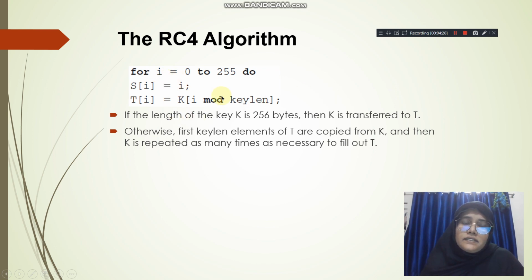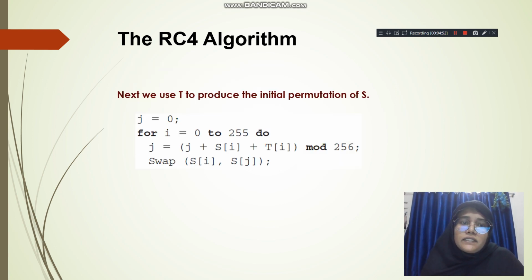Then, if the length of key K is 256 bytes, then K is transferred into T. Otherwise, the first keylen elements of T are copied from K, and then K is repeated as many times as necessary to fill out T.